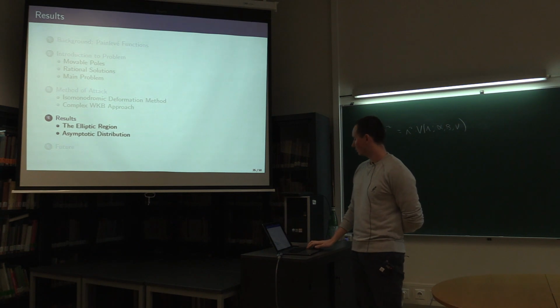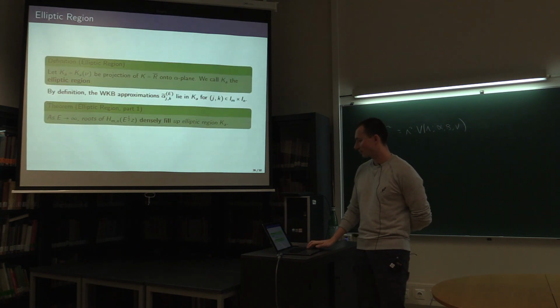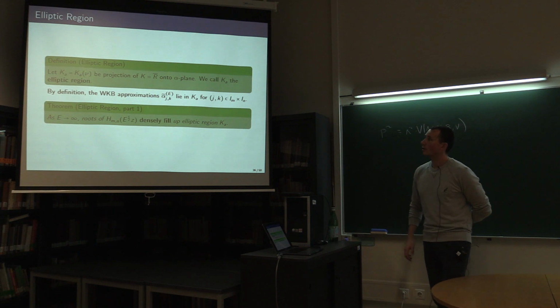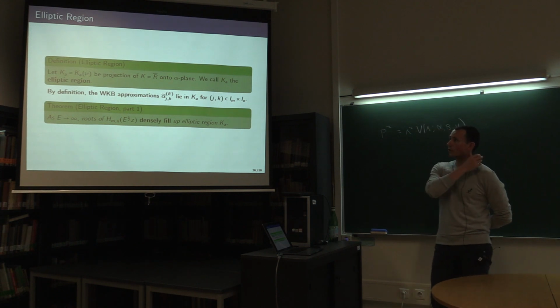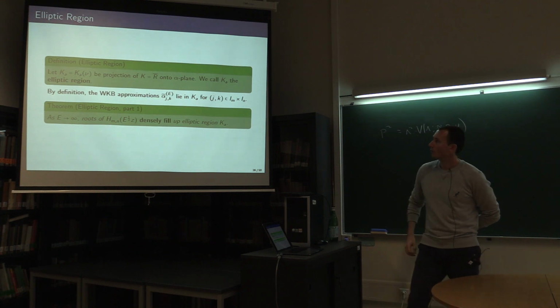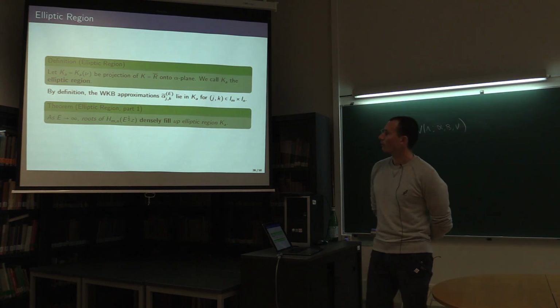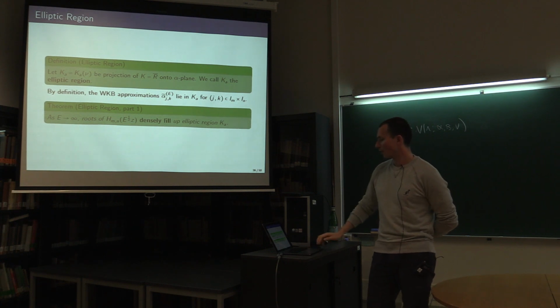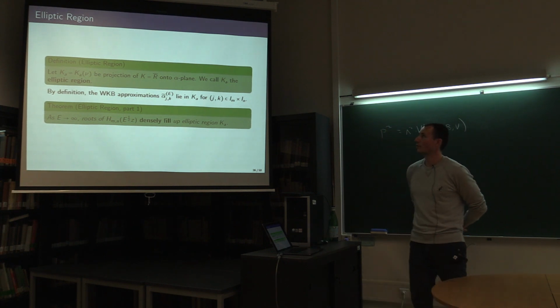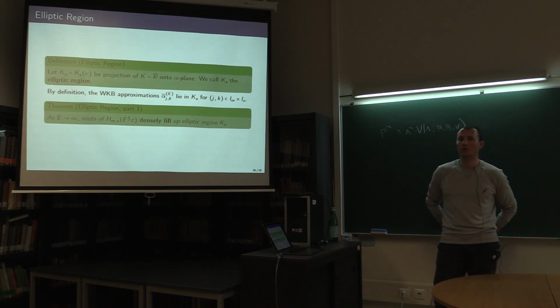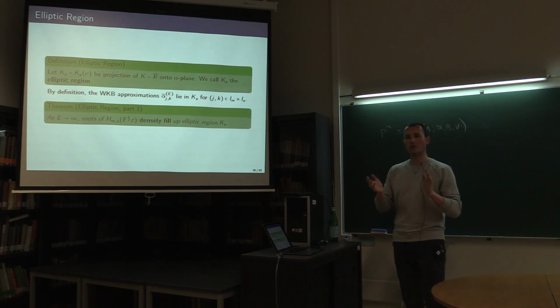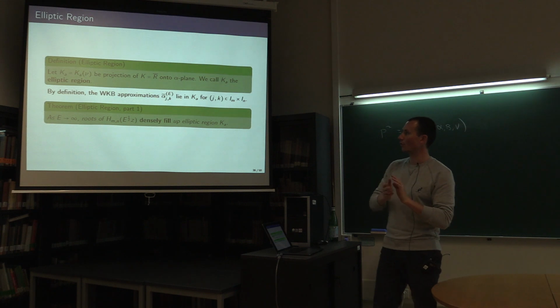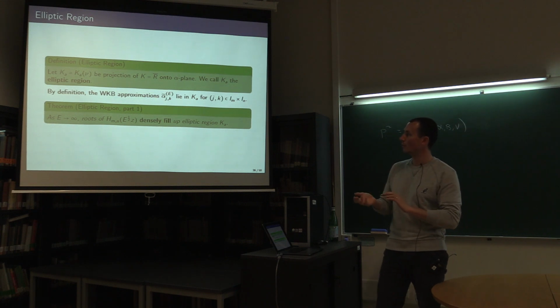Okay, so now I'll talk about the results that we got from this. First of all, I introduced this set R, and K was the closure of this set R on which the geometric condition is satisfied. So the Stokes complex is homeomorphic to the one at 0, 0.